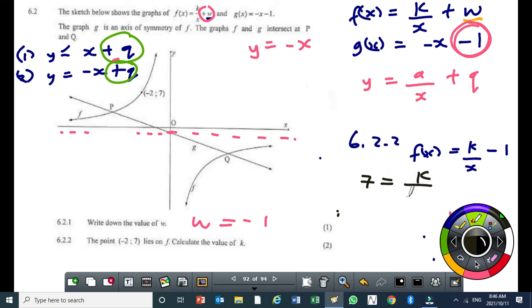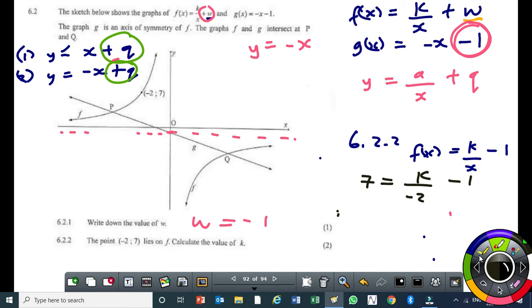Where there is x, I'll put minus 2. Then I'll take the minus 1 to the left, I'll get minus 8 equal to k over negative 2. So k is going to be negative 16. K has to be negative because the two curves are in the second and the fourth quadrant.